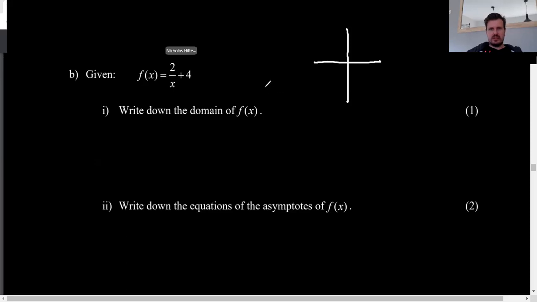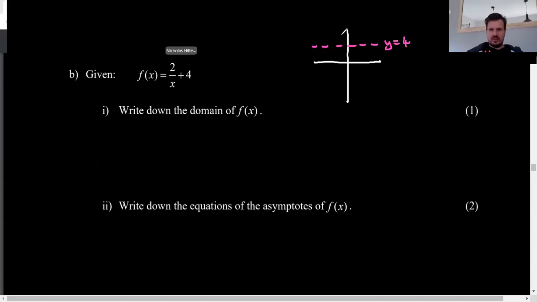It's got the two branches here, and we're adding 4. That means your asymptote moved up, because it's normally over here on the x-axis, but it's moved up. So your asymptote is at y equals 4.